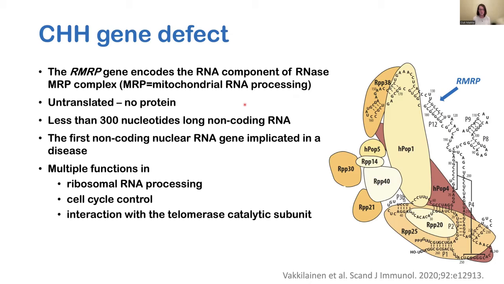And it was actually the first non-coding nuclear RNA gene implicated in any human disease. The figure here shows the RNA molecule, RMRP, which is bound to these different proteins and these function together in a complex.